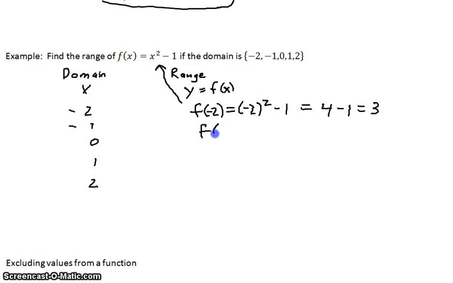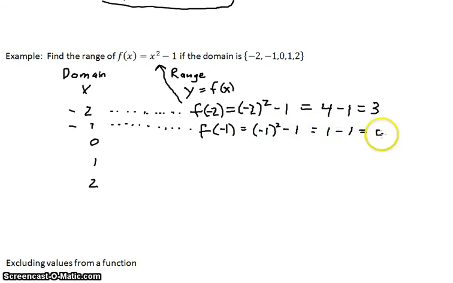So I'm going to do the same thing for -1. So I'm just going across here and plugging each number in. -1 squared minus 1, which is 1 minus 1, which is 0. I'm going to plug in 0 now, which is 0 squared minus 1, or 0 minus 1, which is -1.